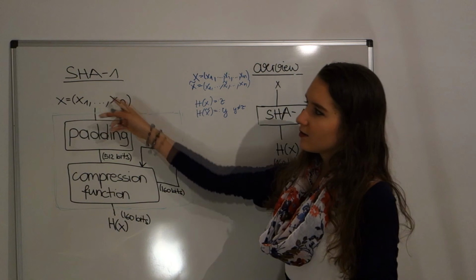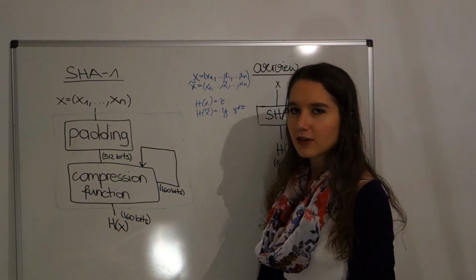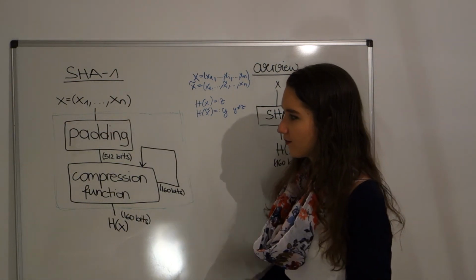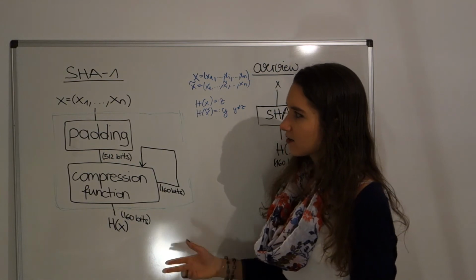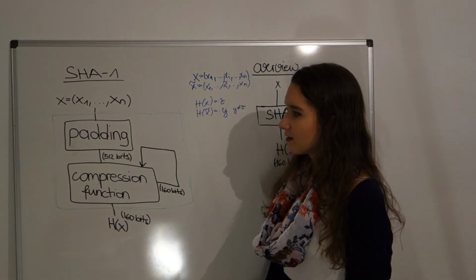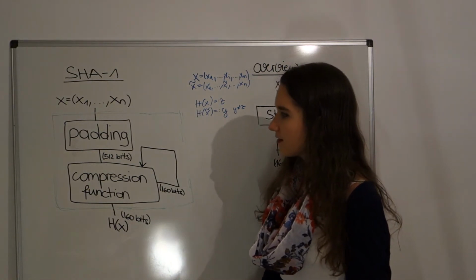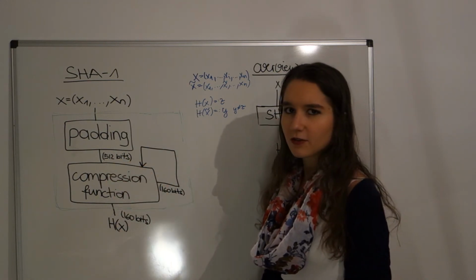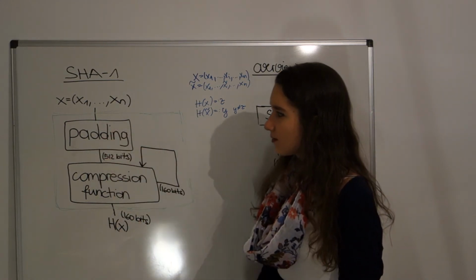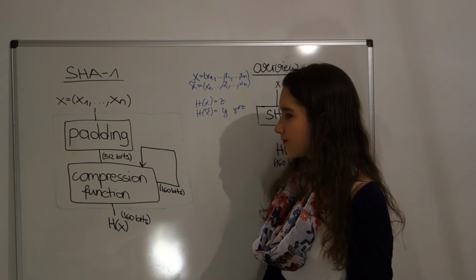And if the input is longer than 512 bits, we have to make parts out of this input, and the parts that are shorter than 512 bits will be padded too.